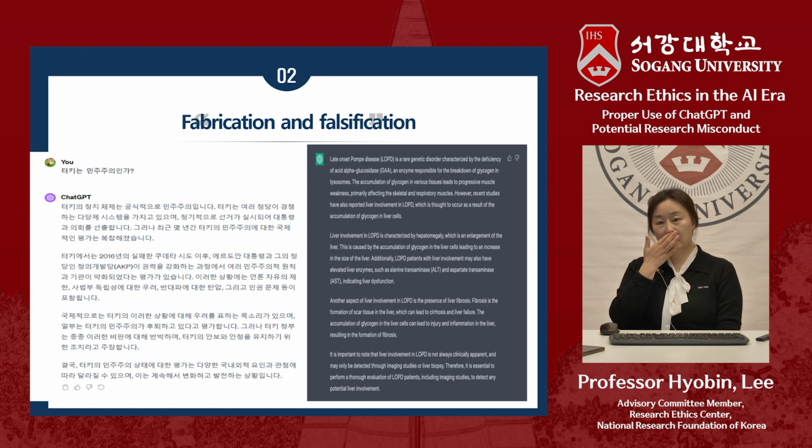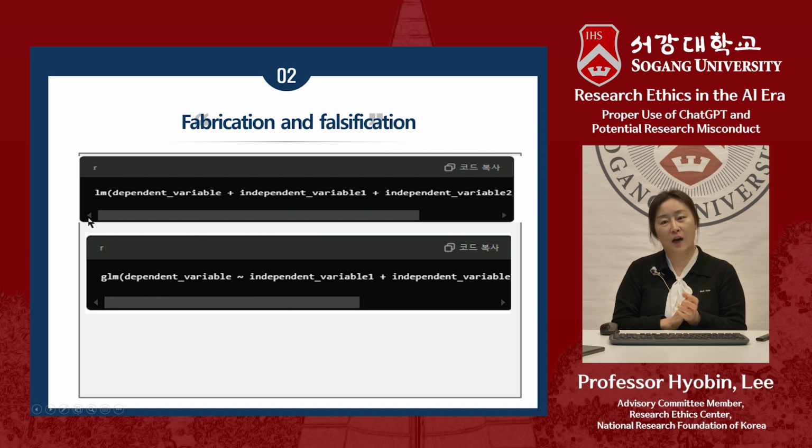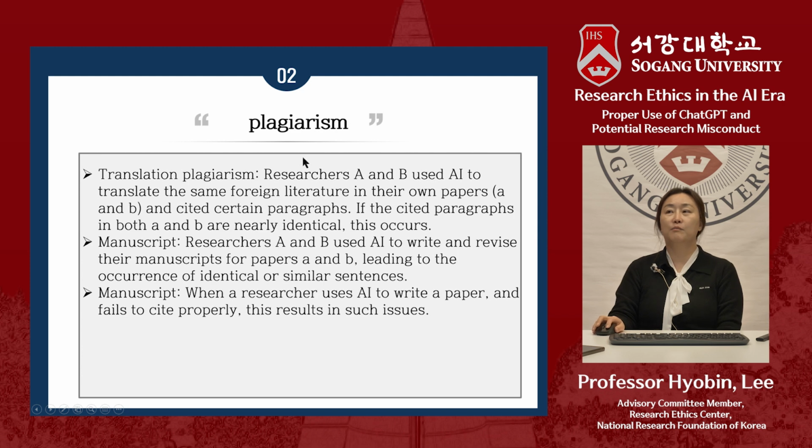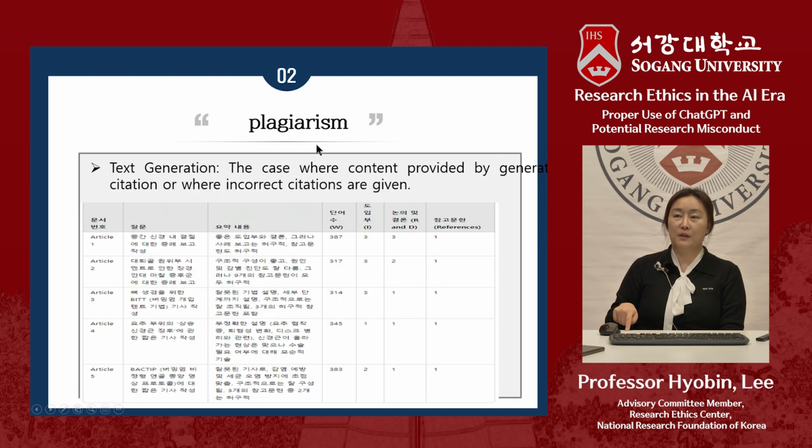And plagiarism can occur a lot. So what is plagiarism? If you don't provide proper citation, that is plagiarism. It's possible these days to make ChatGPT write a whole paper. But it's still a problem, because in cases where content generated by AI lacks citation or incorrect citations are given, these are typical plagiarism. For this one, I made ChatGPT write a paper.